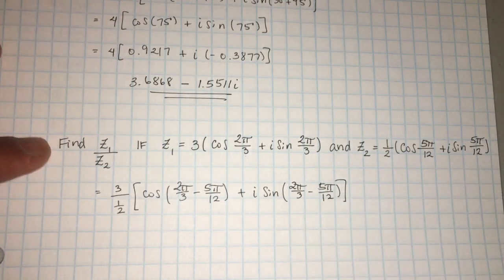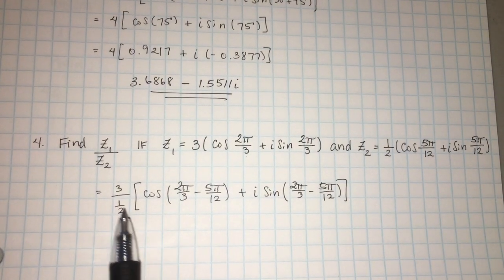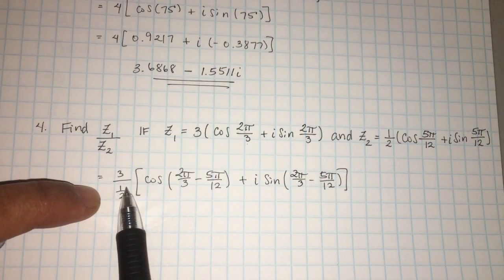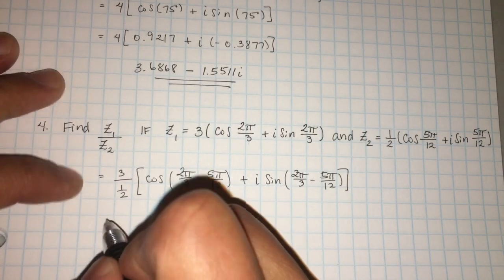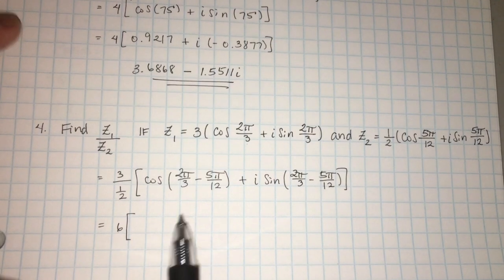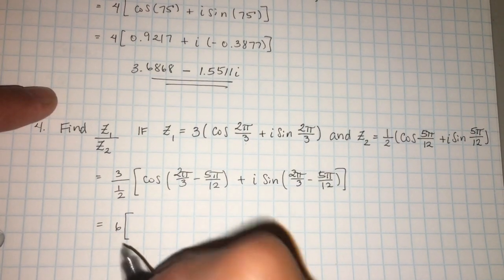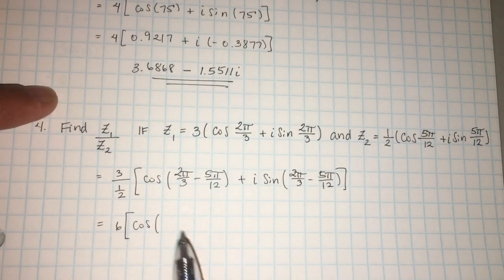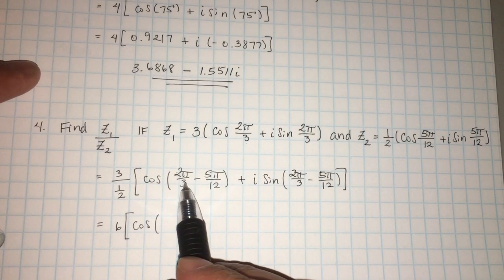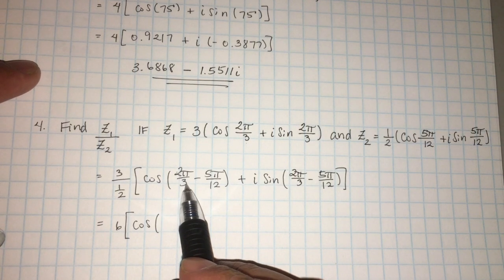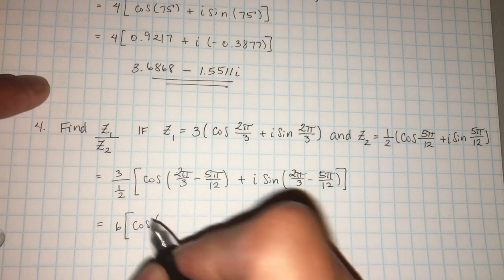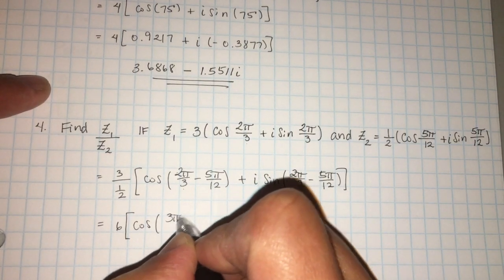All right. So then we can do this math here. Remember, dividing is the same thing as multiplying by the reciprocal. Well, the reciprocal of 1/2 is 2. So 3 times 2 is 6. Now what about this guy? 2 pi over 3, and this is 5 pi over 12. We need the same denominator. So 2 pi over 3 becomes 8 pi over 12 if I multiply everything by 4. 8 pi over 12 minus 5 pi over 12 becomes 3 pi over 12.